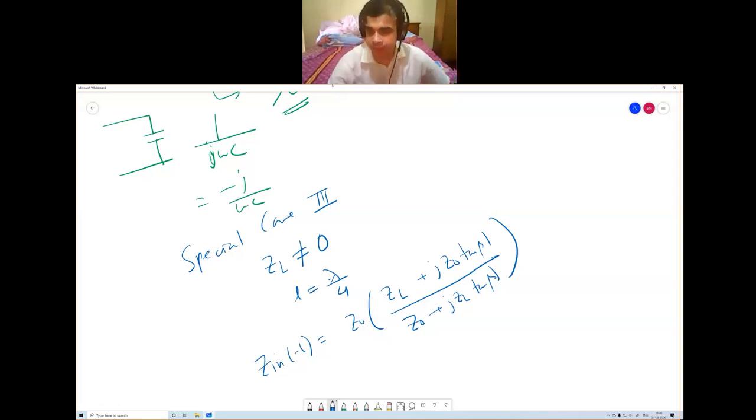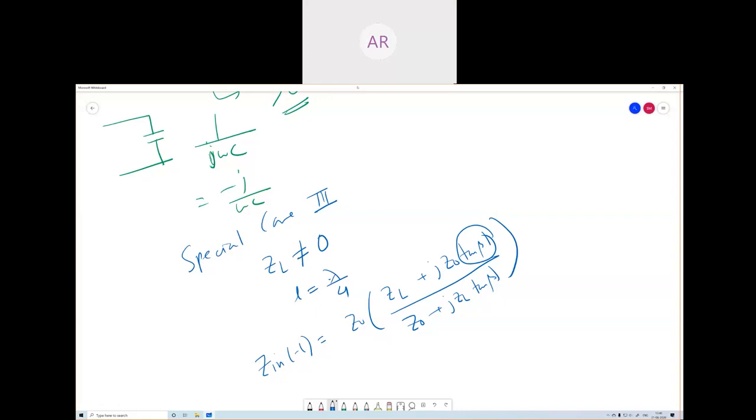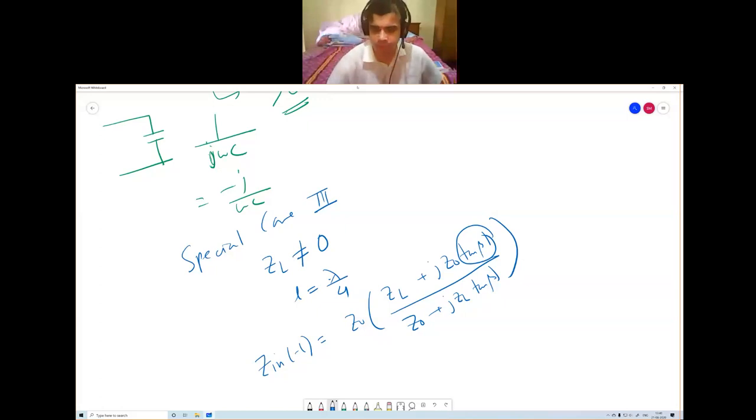Just as we said just now, tan beta L becomes infinite at lambda by 4. But we do not want infinite by infinite, those things become cumbersome. So instead of that, we do a little bit of manipulation and we write it in this way.